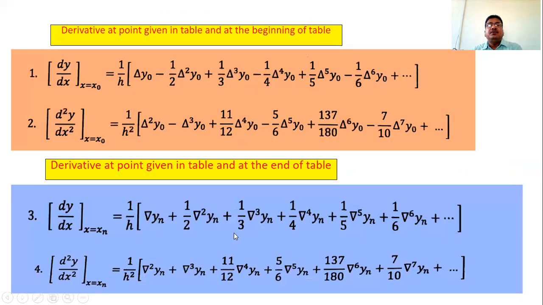These are the formulae to obtain the derivative at a point given in the table. If the point is given in the table and the point is at the beginning of the table, then use these two formulas, for the first order and the second order. That is, x is equal to x naught, the first point. Actually, we can use these formulas to obtain the derivative of first order and second order at a point given in the table.